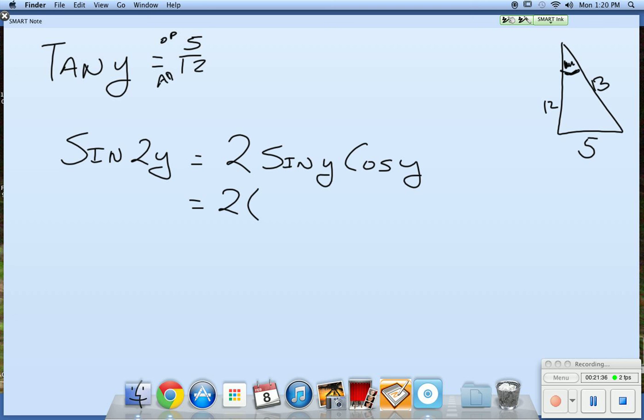It's opposite over hypotenuse. What is opposite this angle? 5 over 13. What's my cosine? 12 over 13. You see how we get this?